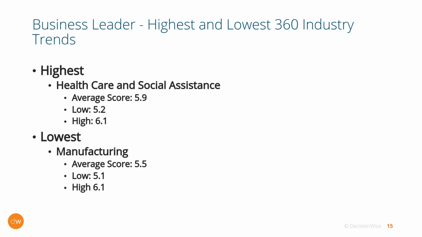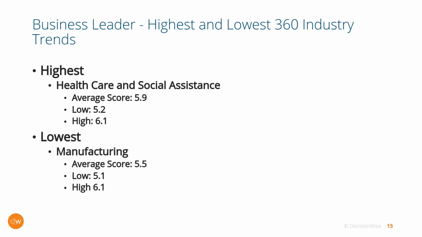So highest healthcare and social assistance, their average score is 5.9, with the range from 5.2 to 6.1. And manufacturing, which was not surprising to me based off the research I've done with employee engagement, tends to be the lowest, with an average score of 5.5.